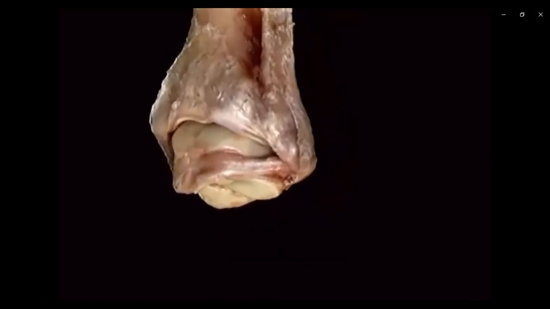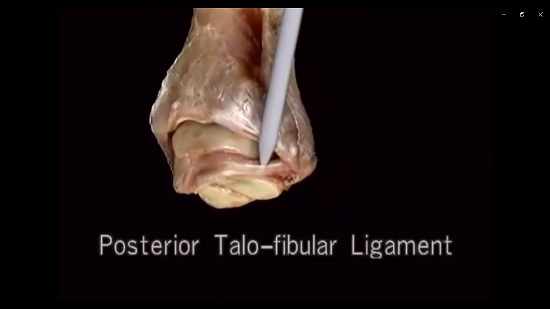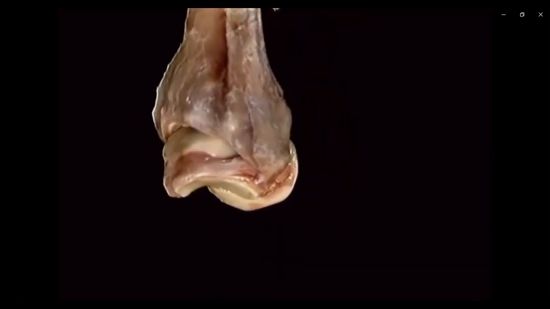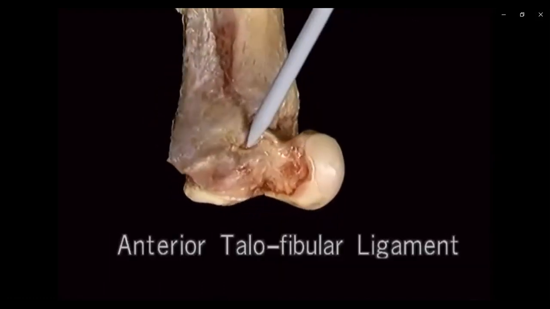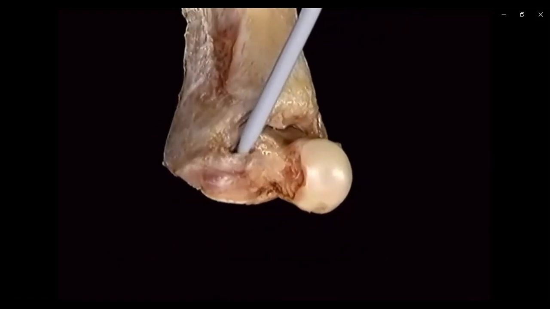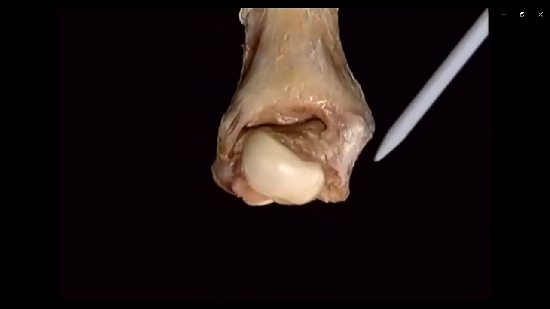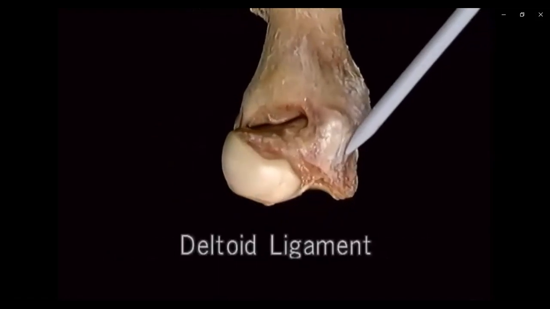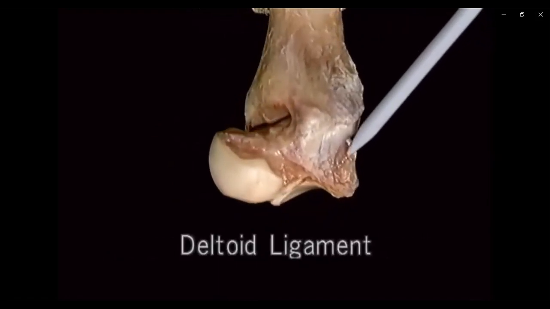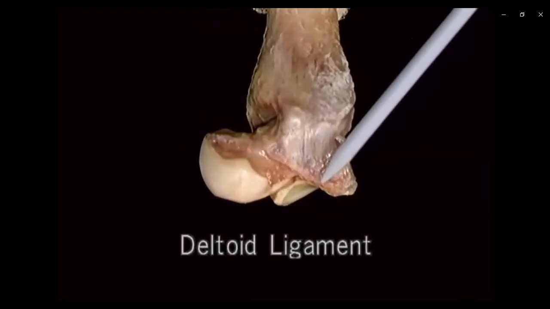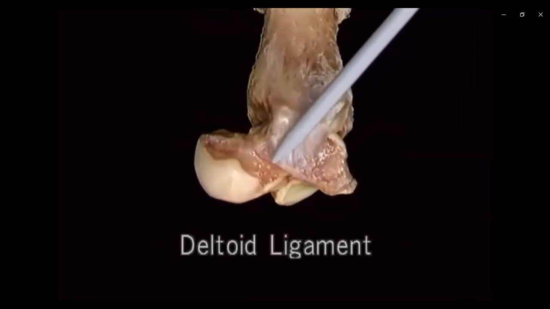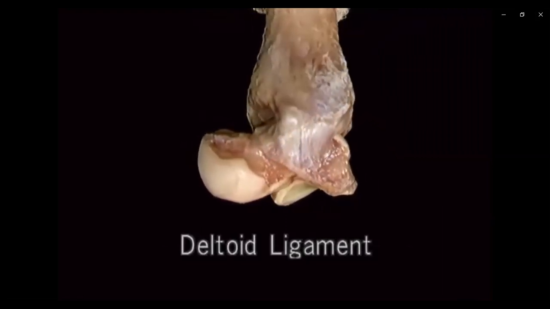On the lateral side, the joint is held together by the posterior talofibular and anterior talofibular ligaments. On the medial side, it's held together by this massive ligament, the deltoid ligament, which attaches not only to a broad area on the talus, but also to the adjoining bones below and in front, as we'll see shortly.